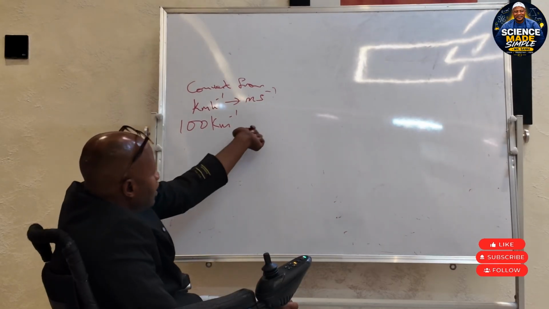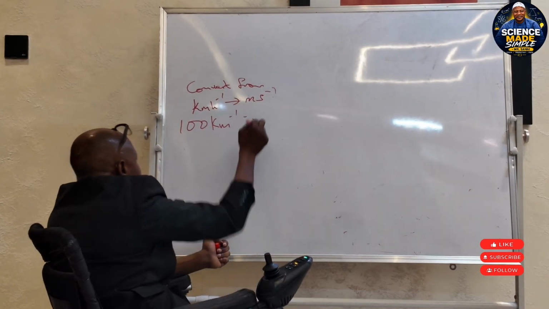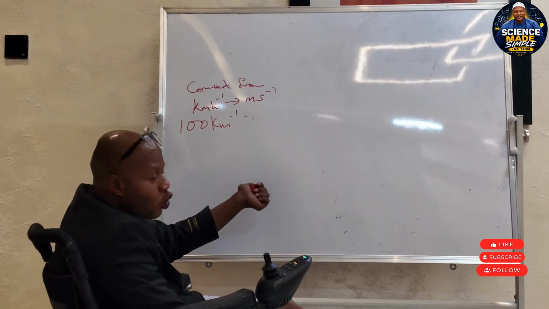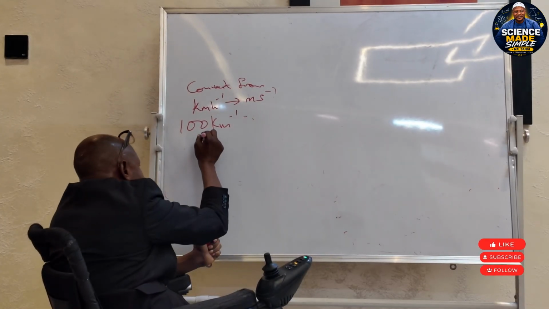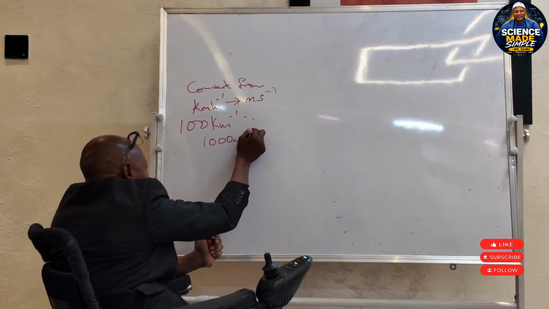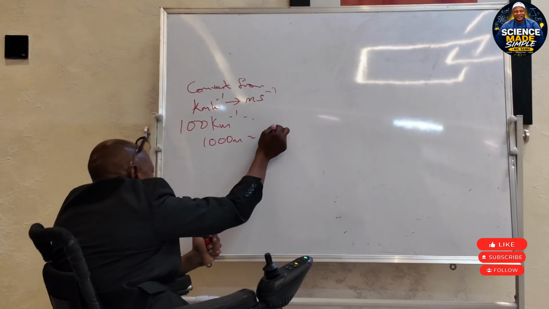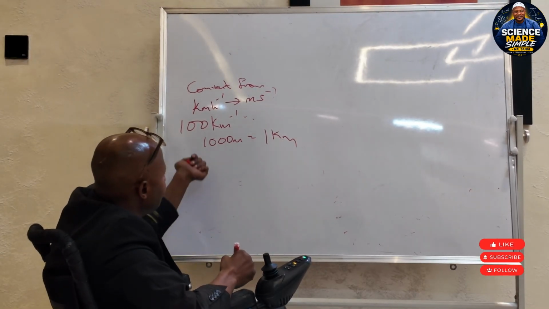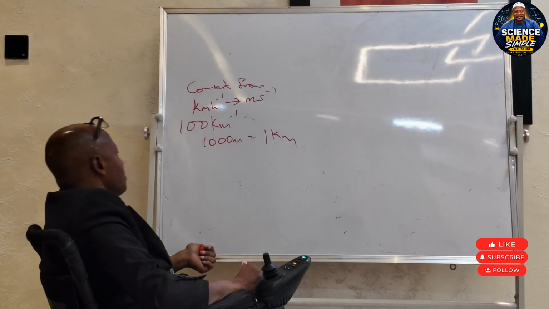We want to convert it to meter per second. How many meter make 1 kilometer? 1000 meter is equal to 1 kilometer.